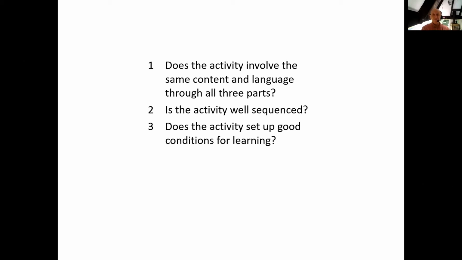This is really important so that when learners do a linked skill activity, they are focusing on the same material, exactly the same material in 3 different skills. So that's the first thing to look at when you design an activity.